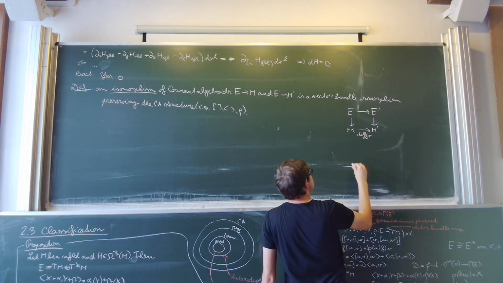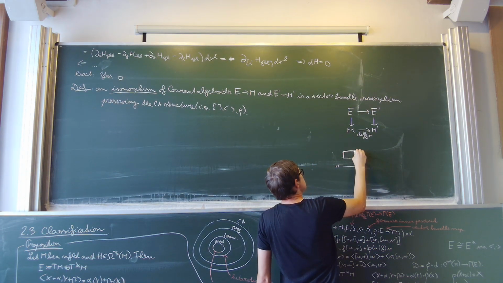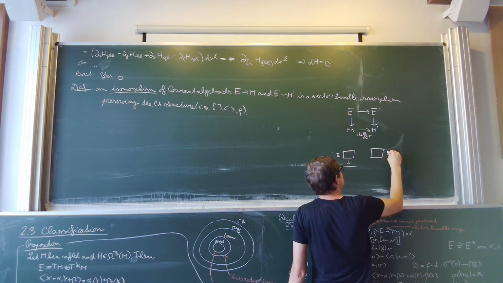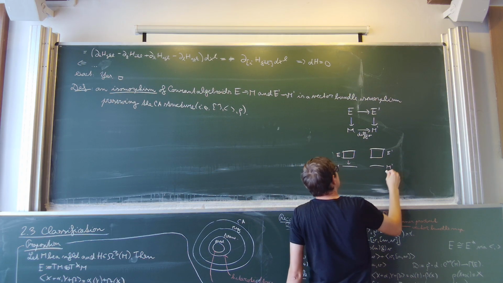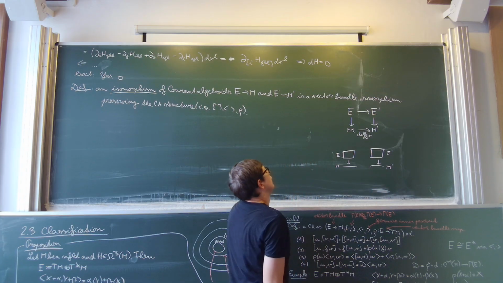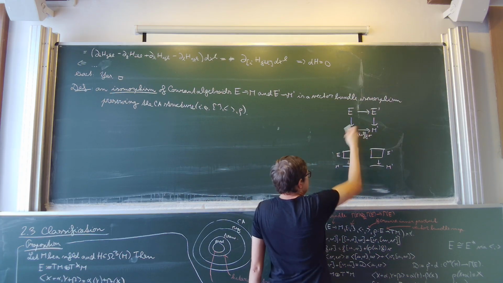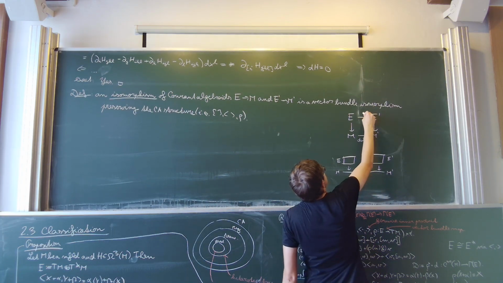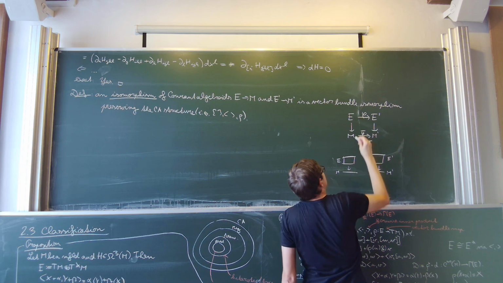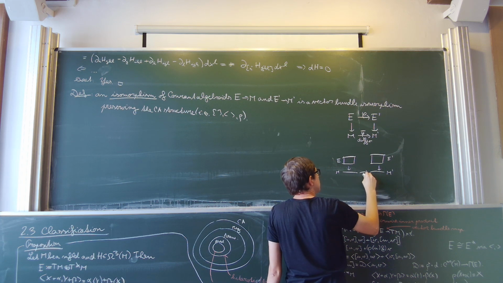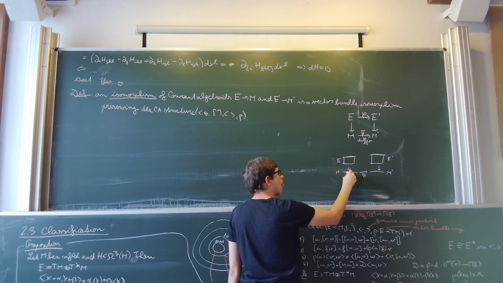So this is M, and this is the bundle over it, E. There's a similar thing here, E prime and M prime. I'm saying that there are these two maps. Let's call this phi, and this one phi bar. Phi bar is a diffeomorphism.